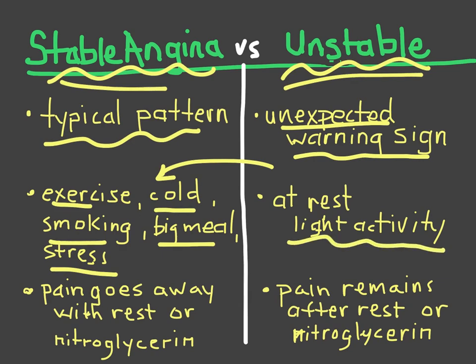You're basically just sitting there or doing something light like washing the dishes. The pain will remain after an extended period of rest, or if the patient is given a nitroglycerin tablet, that chest pain will still be present. So that's the difference between stable and unstable angina.